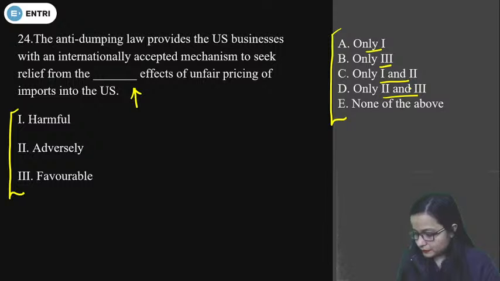Okay, so what are you going to choose for this blank? Please let me know in the comment box, guys. Sai, Abhi, Rajeshwari, Neha, Vyas.